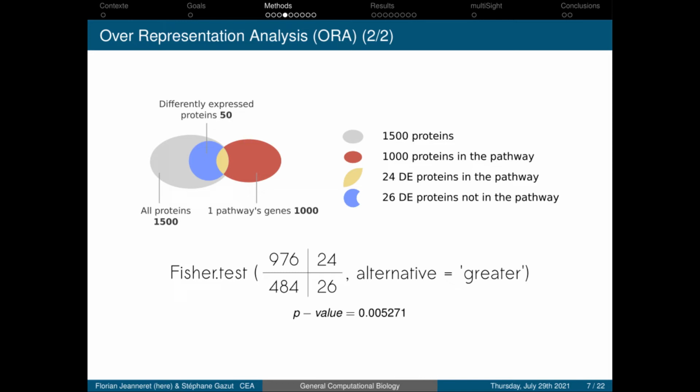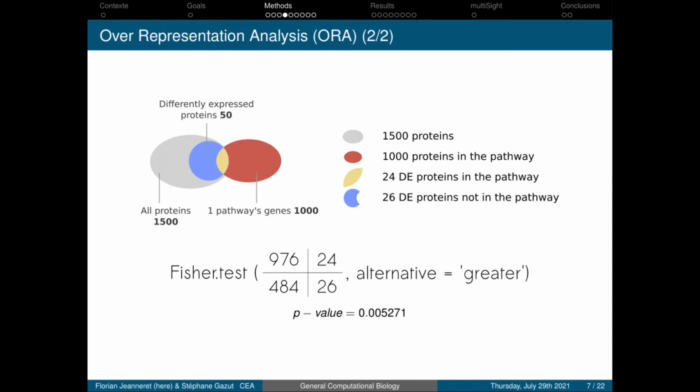Then the proportions tested are the proportion of differentially expressed proteins in the pathway, 24 here, and differentially expressed proteins not in the pathway, 26 here, out of all pathway genes number and all proteins from the biological data.